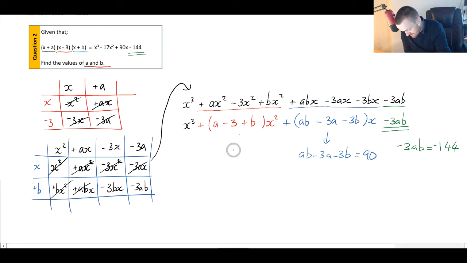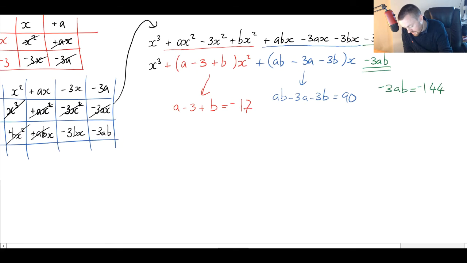And then finally down here, I know that a minus 3 plus b has to equal the coefficient of x squared, which in this case was minus 17.